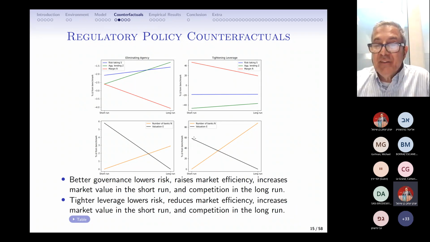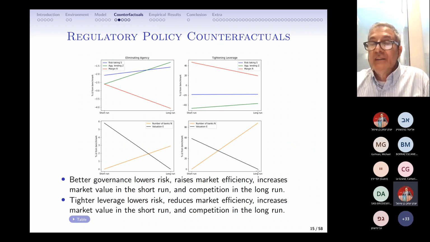The implication is that, because of the higher margins and the lower risk taking, it can actually lead to higher long run valuations of banks, and you see that here. And if the long run valuation of banks goes up, you might get more entry in the long run, and you see more banks arising here.